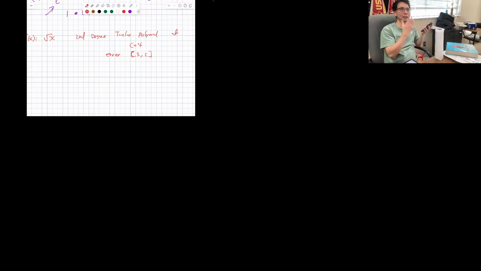Well, it depends on the third derivative. Is z on the bottom or z on the top? If z is on the bottom, you want a small number.